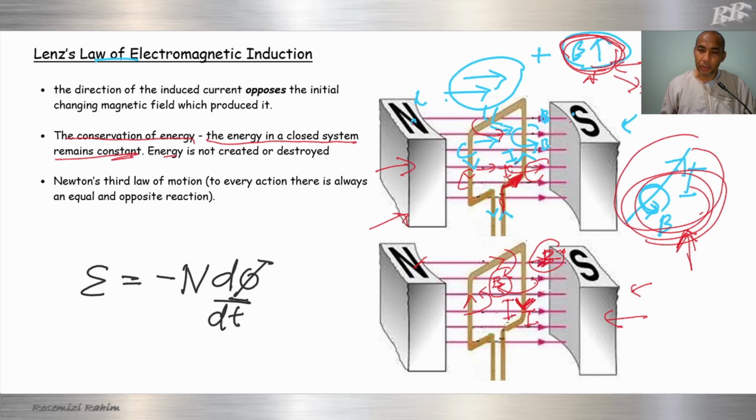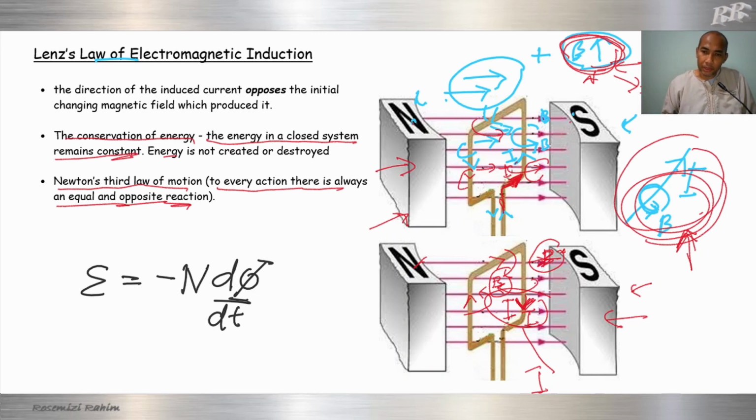This is what we call Lenz's law. It also follows Newton's third law of motion: for every action there is always an equal and opposite reaction. That means this induced current is against the magnetic field that created it.